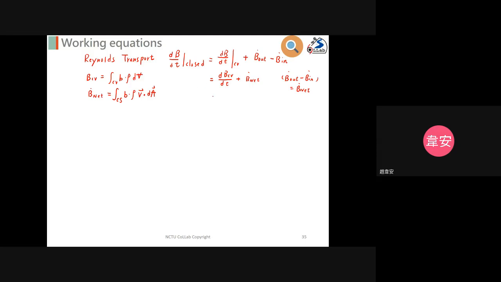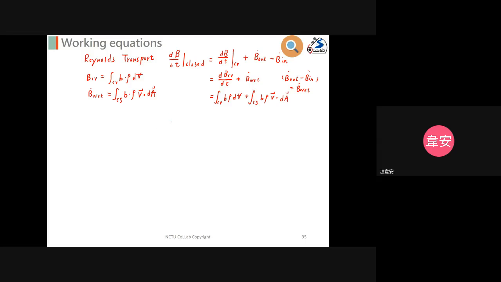So we can rewrite the equation as the control volume integral of b rho dV, plus the integral along the control surface of b rho V, with the dot product with the cross-section area vector dA.